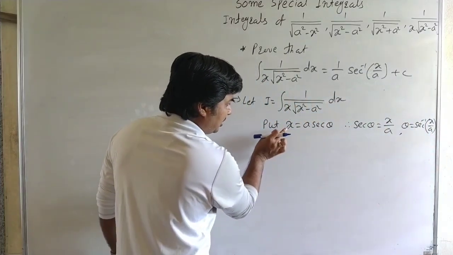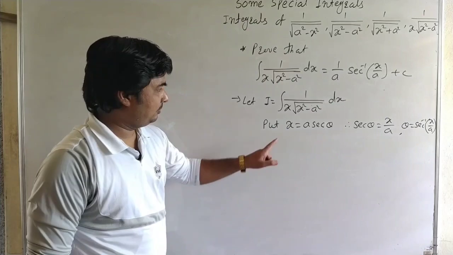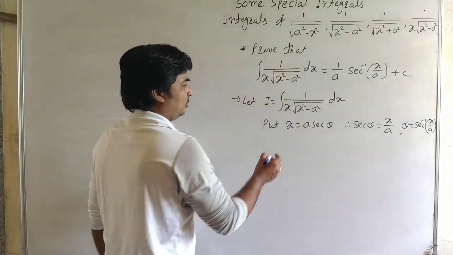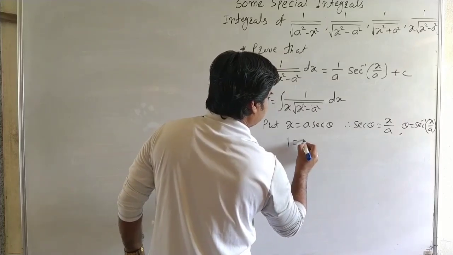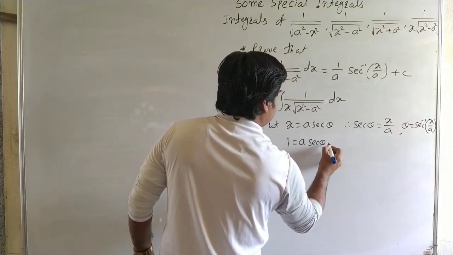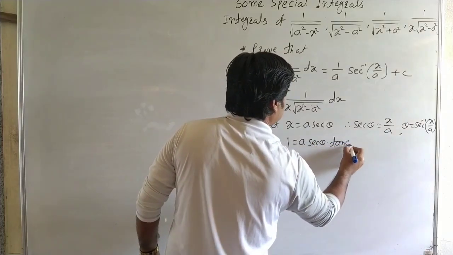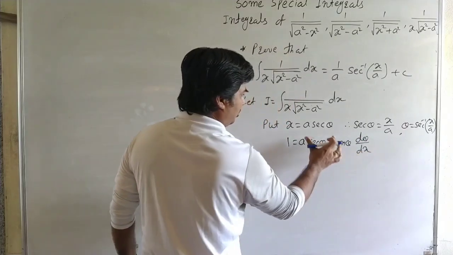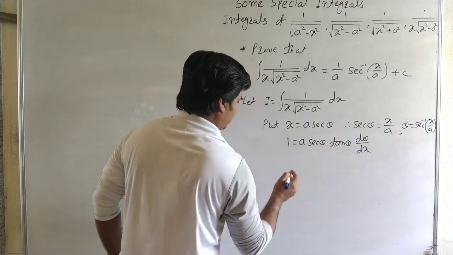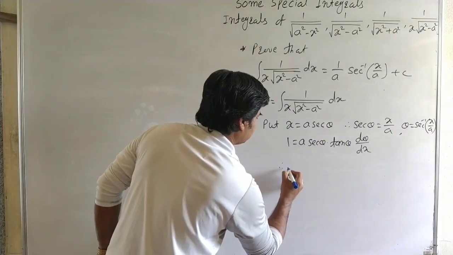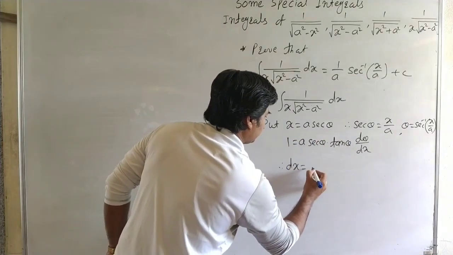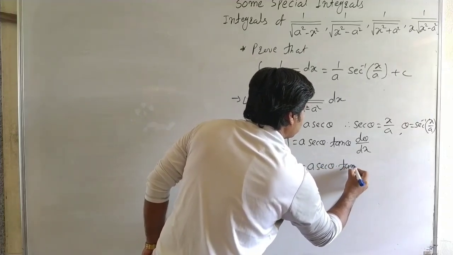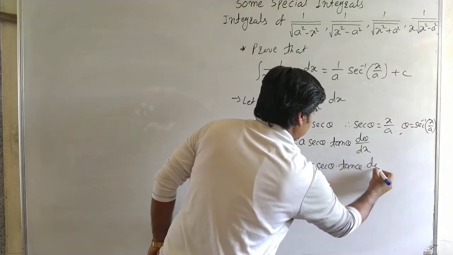Now the substitution is x is equal to a sec theta, and then differentiate with respect to x. It is 1 equals a sec theta tan theta d theta by dx, the derivative of a sec theta with respect to x, and therefore dx is equal to a sec theta tan theta d theta.